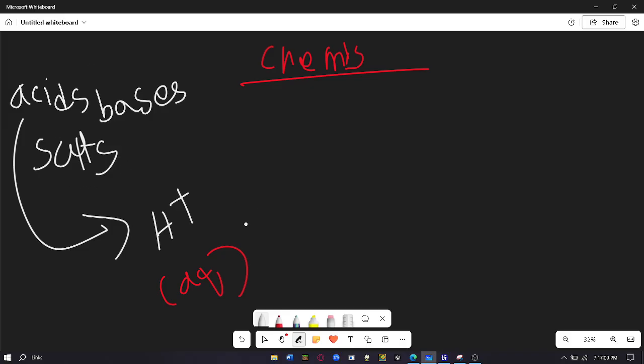Let's talk about strong acids and weak acids now, because we need to know a few properties of acids. An important thing: do not mistake concentration and strength of acids. A concentrated or dilute acid does not mean it's strong or weak.